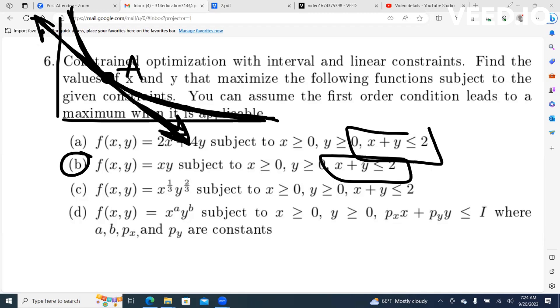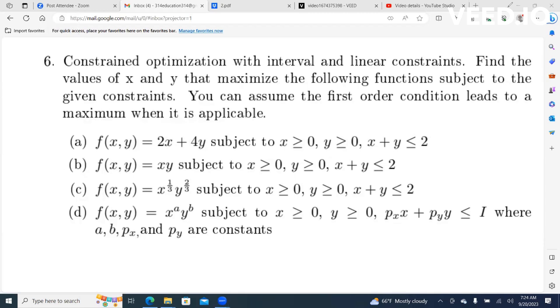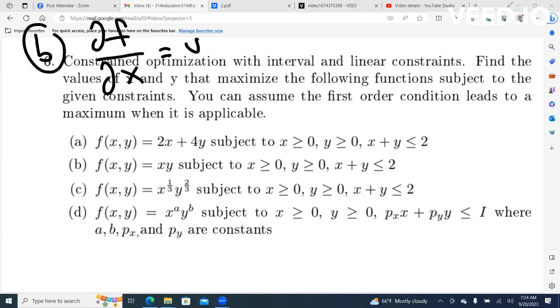If you just match up the slopes, that's going to be the point at which it works out. So for B, we take the partials. The partial of f with respect to x: y is held constant, so it is y. The partial of f with respect to y is going to be x.